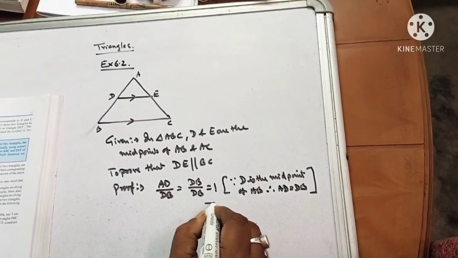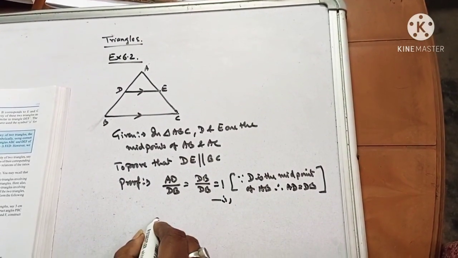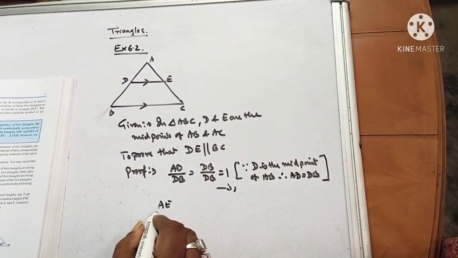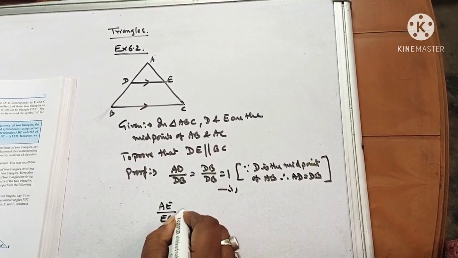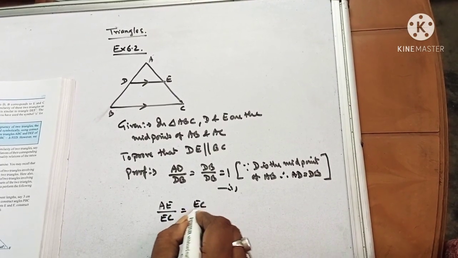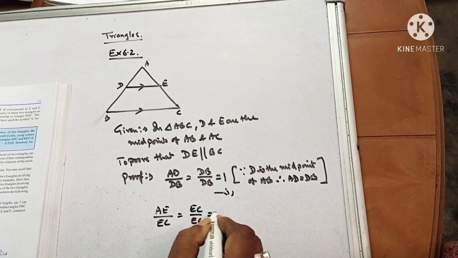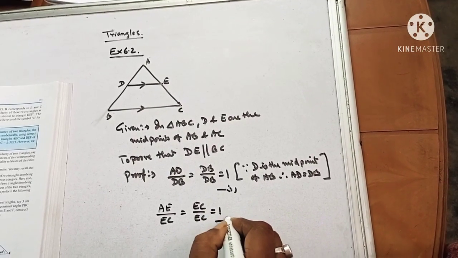This is equation 1. Again, AE by EC is equal to EC by EC, this is equal to 1. This is equation 2.